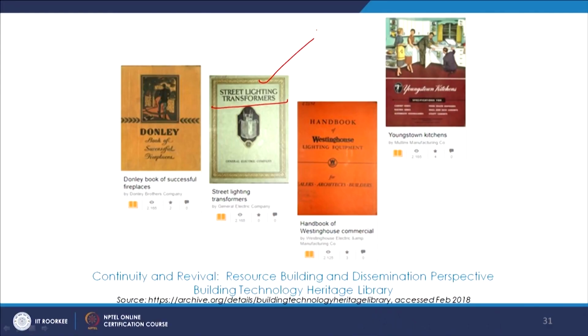Street lighting specifically. So again, kitchens, lighting equipments, different kinds of house typologies, and different kinds of tools and wiring and heating and plumbing, electrical devices. All these cataloging, it does help once the resource is built up and it's there out in the open for people to refer to and follow and learn from.